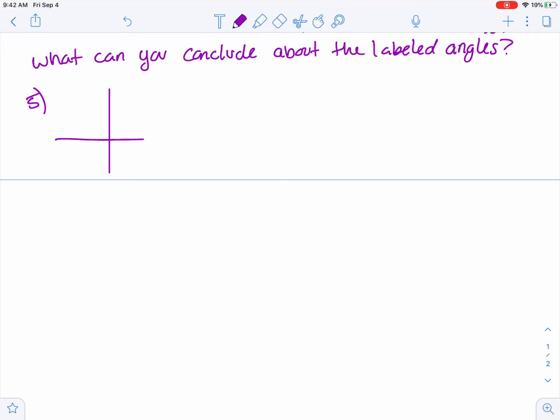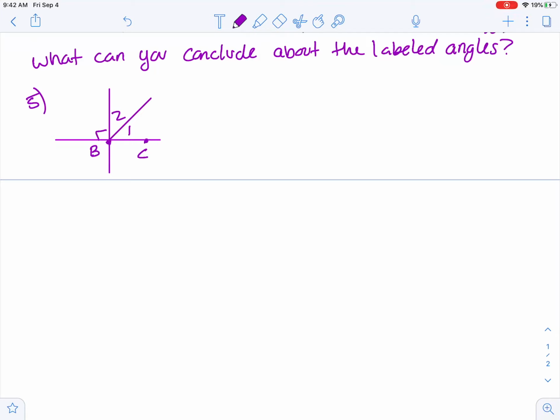We have this lovely picture. There's 1, 2. This is 90. Call this B, this C. All right, so what do we know about the two angles?